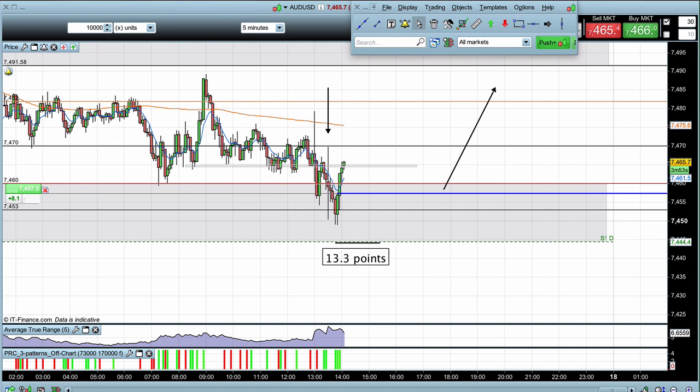I can understand that on higher time frames, because on the 4-hour or daily, you can't sit for 4 or 5 days a week, a month, in front of your computer managing that trade. But on the 5-minute time frame, I can sit, I can manage this trade. If the trade is giving me clear signs to exit, I'm going to exit the trade. I'm not going to let it stop me out.